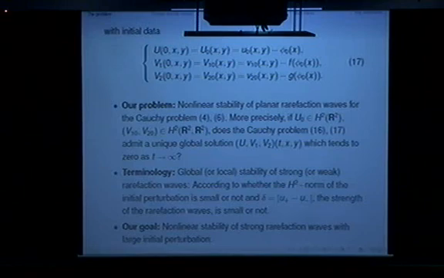A weak rarefaction wave means we require the strength of the rarefaction wave to be small, which gives the nonlinear stability of weak rarefaction waves. And our main purpose is to deduce the nonlinear stability of stronger rarefaction waves with large initial perturbation. This is our main purpose.